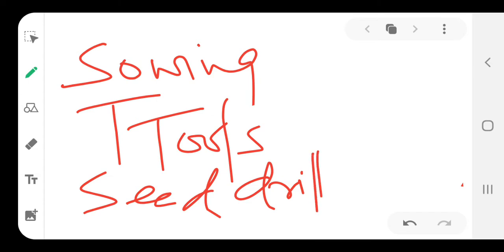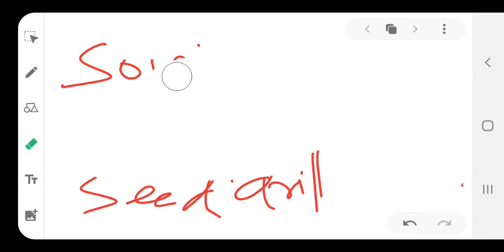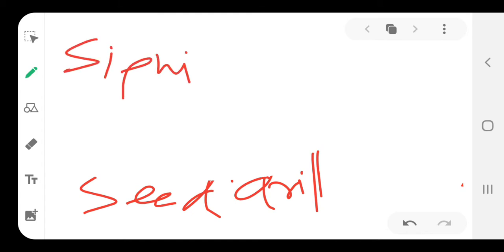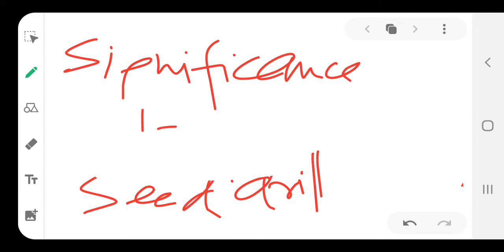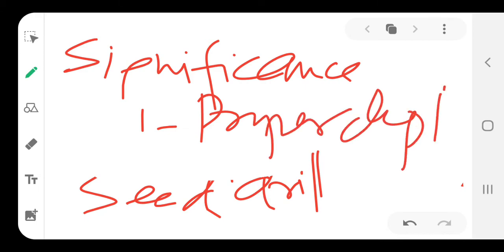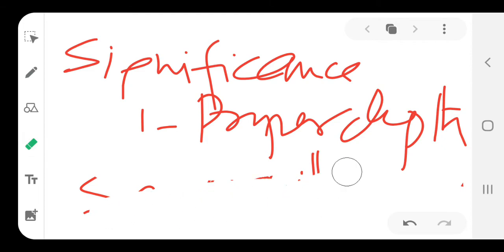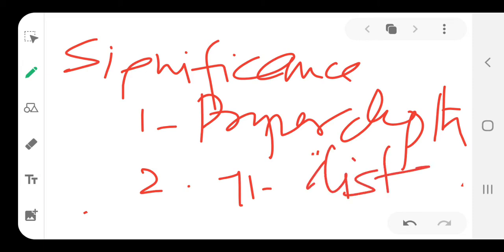So that drill is used to put the seed, and here you should know one thing, that you must know the significance of seed drill, because sometimes we ask you what is the significance of seed drill. So significance you can write, number one, that the proper depth is maintained for the seed, and number two you can write that proper distance is also there.